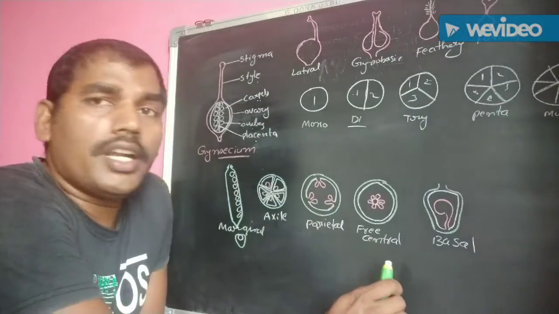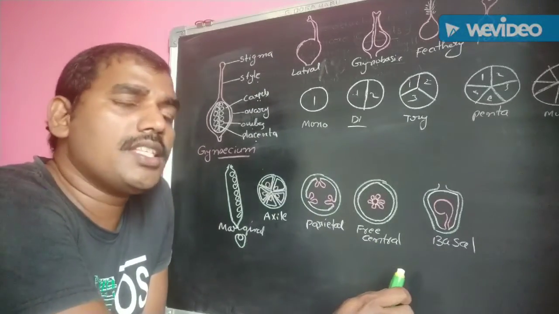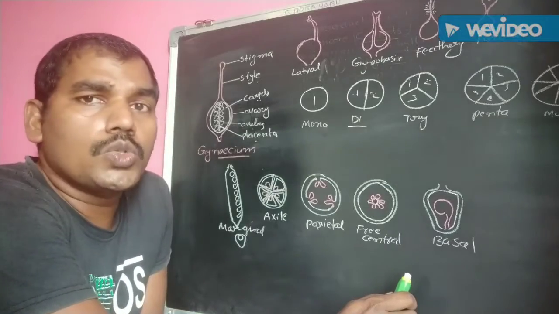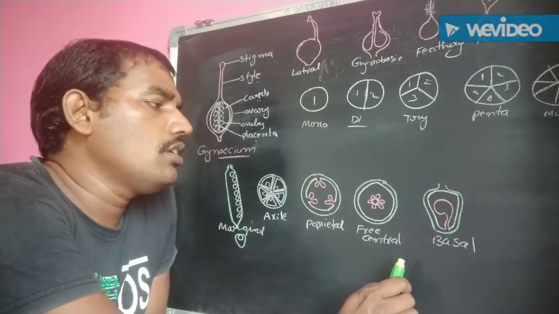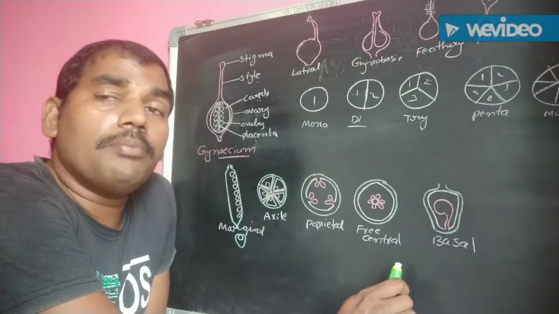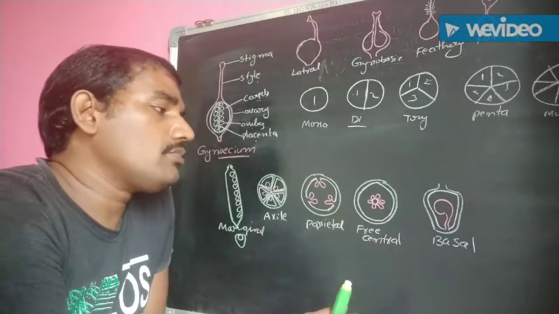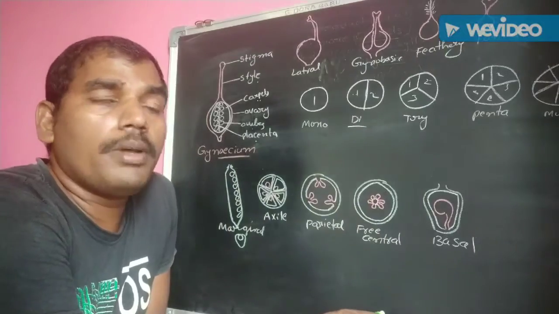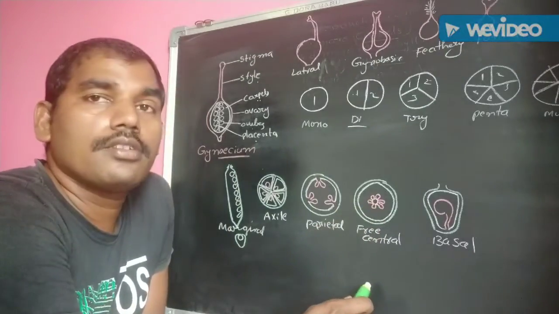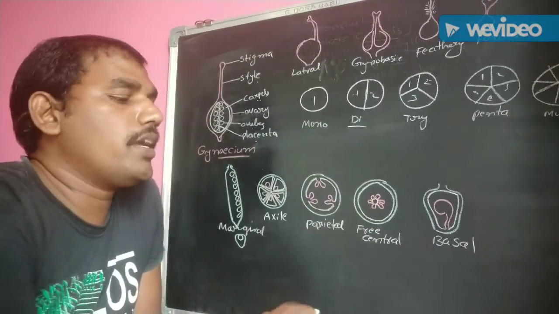Next one, free central placentation. This means the placenta is not continuous so as to separate the carpels. It is incomplete. On this incomplete placenta there are a number of ovules. It is called free central placentation.